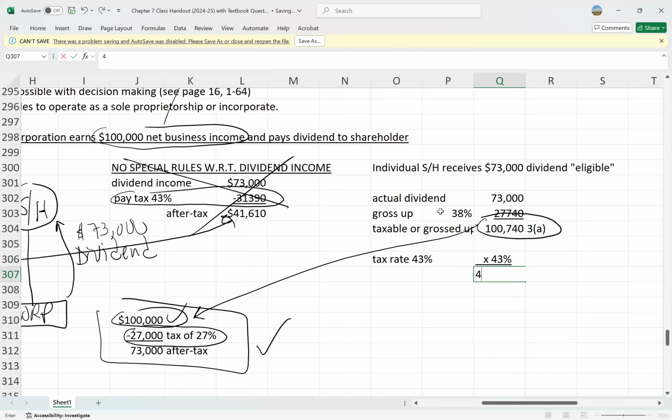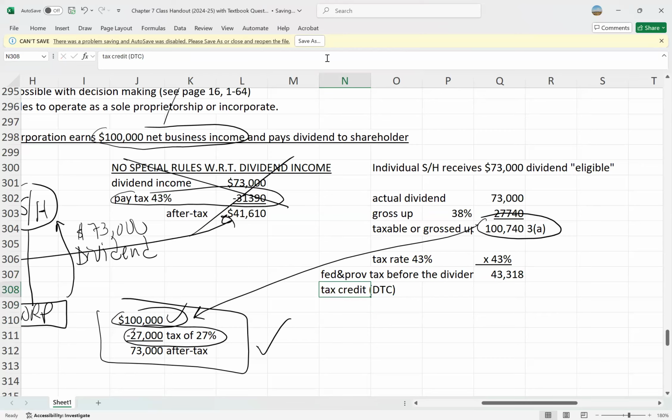So I'm just going to round this to the nearest dollar. So this is the total federal and provincial tax before the dividend tax credit. Dividend tax credit is usually abbreviated DTC.